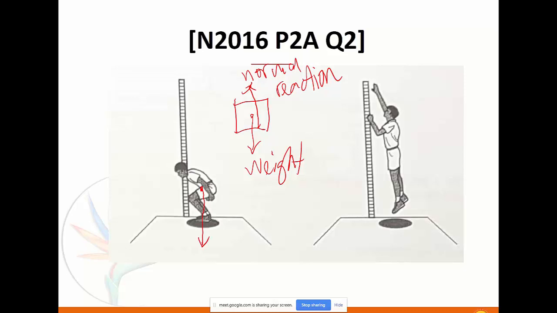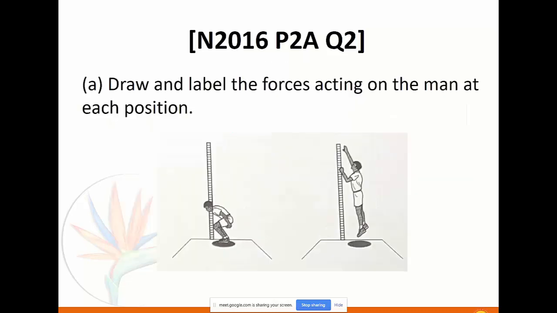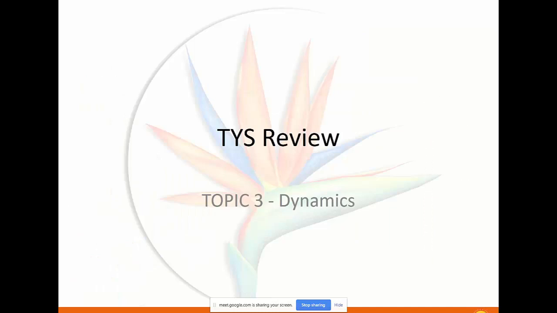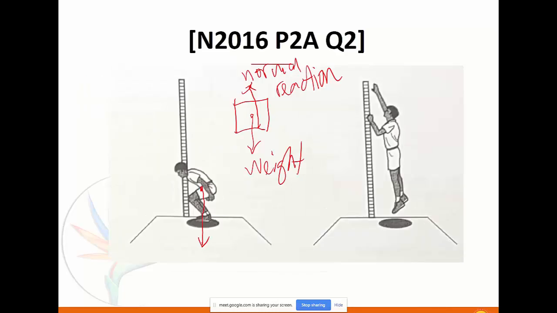For example, you use ruler and pencil. Then weight, label it properly. Then normal reaction is from the foot or the feet. Then you say normal reaction like that.